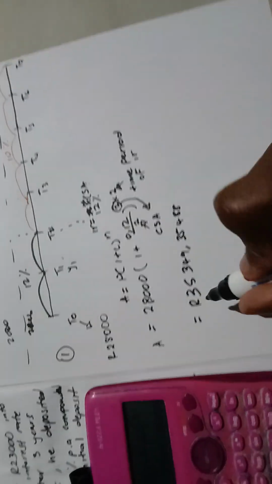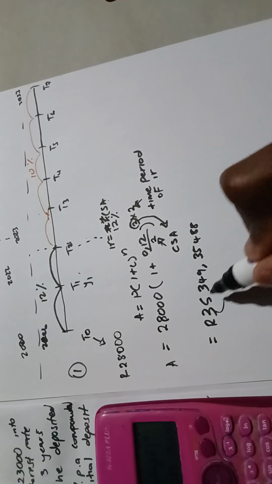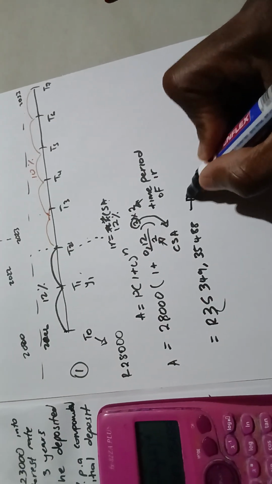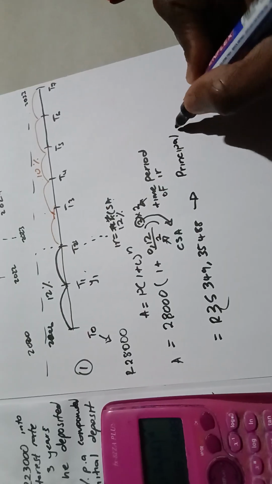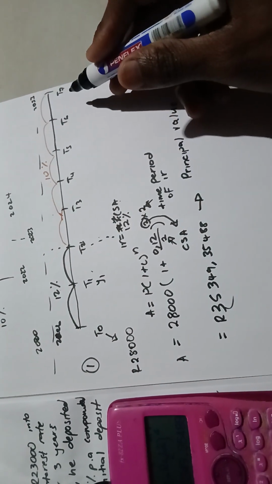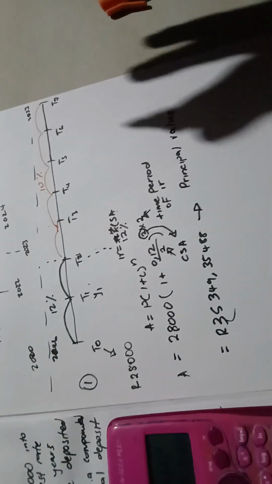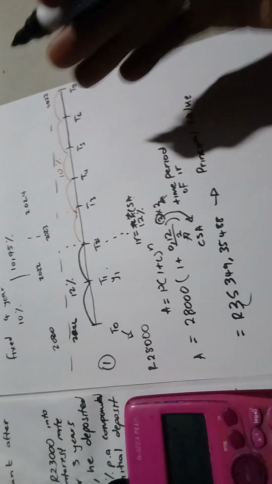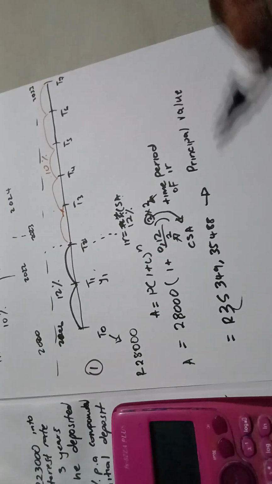Hence I didn't round off this, because we are going to use this as the principal value for the next period when the interest rate changes, because it's the money that is growing in that account. It's basically the principal value of that new time period with the changed interest rate.